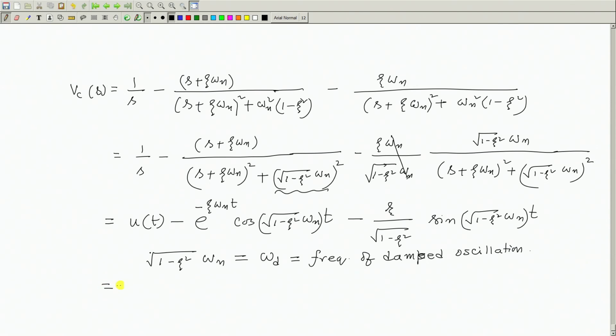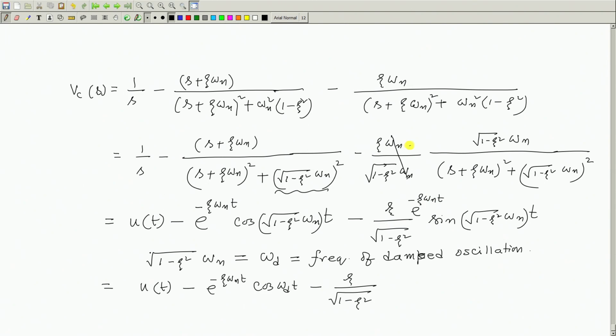So, the solution can then be written as e to the power minus zeta omega n t cosine omega d t, minus zeta by root over 1 minus zeta square, e to the power minus zeta omega n t is also there here, is it not?